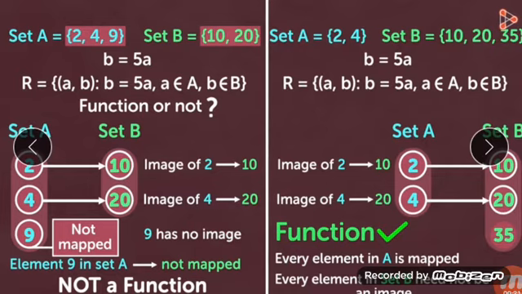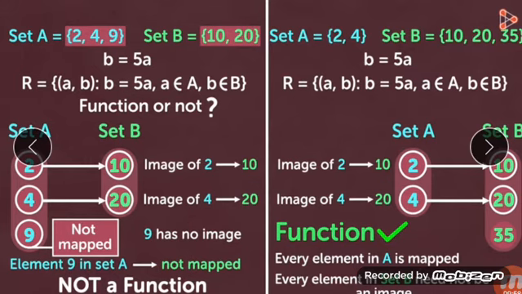We have two conditions for a relation to be a function: all the elements of set A must have an image in set B, and the second condition is that every element of set A must have an image, and it must have only one image. So we can see here that 2 has only one image and 4 has only one image.